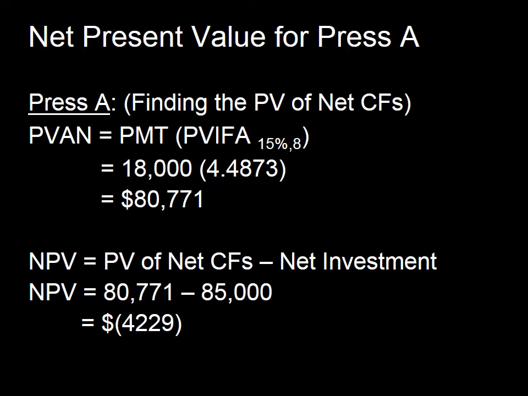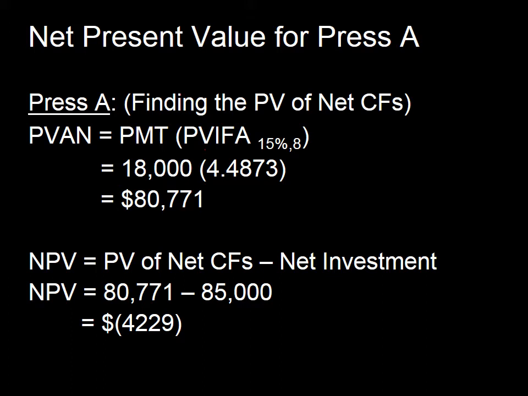Our cash flows were $18,000 a year for 8 years. So that's an annuity, correct? We can find the present value of the net cash flows using the present value of an annuity formula, where the annuity payment is $18,000 a year for 8 years, discounting at 15%.